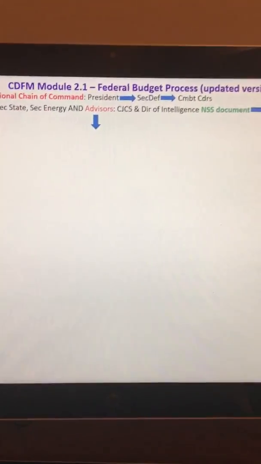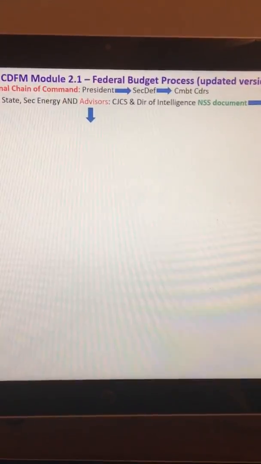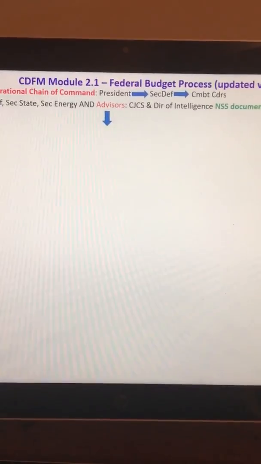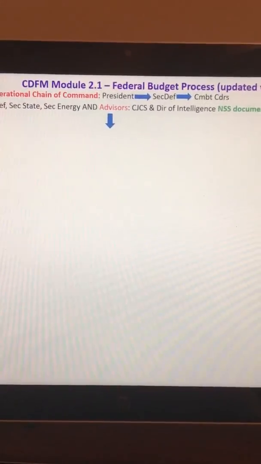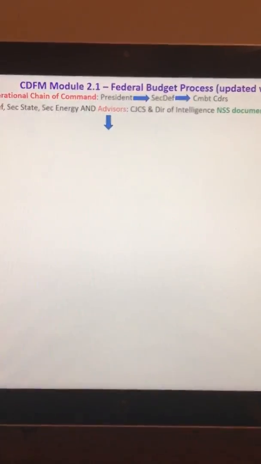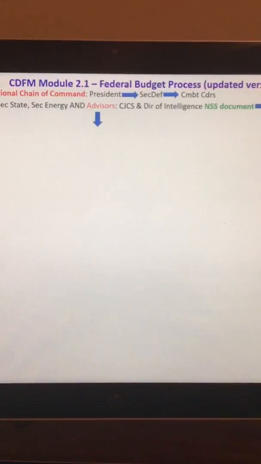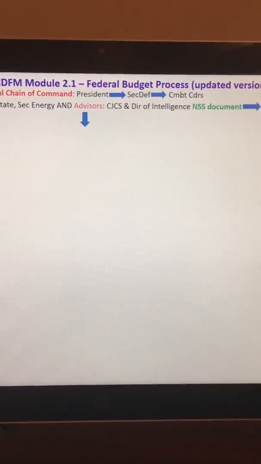And then you have two advisors, the chairman of the Joint Chiefs of Staff and the Director of Intelligence. So the top military advisor is the chairman of the Joint Chiefs of Staff. He's in uniform. And then your director, your CIA folks, is your Director of Intelligence.